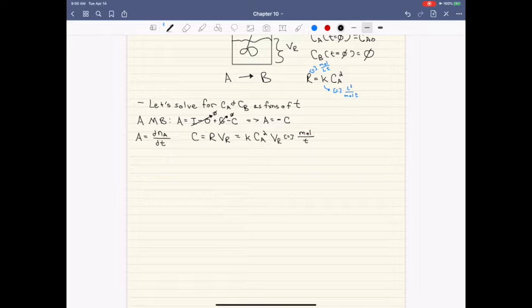Okay, so now let's plug in each of these terms into our material balance. And so we have dNA dt for the accumulation term. And we also do the trick that we did in part 1 of the problem to change this mole term into something that's related to concentration and also the volume, so the variables that are on the right-hand side of the equation.